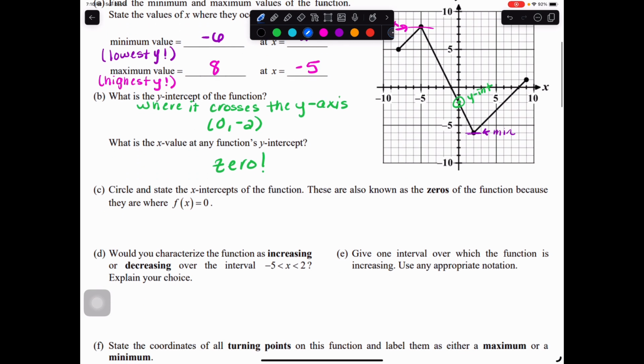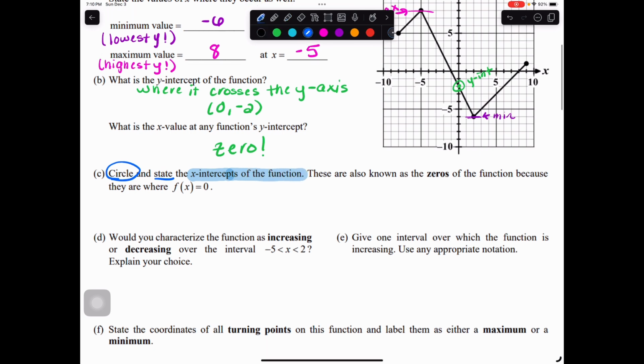Next, in part C, it says circle and state the x-intercepts of the function. So we are looking for the x-intercepts of the function. To take note of that, if we want the x-intercepts, we want where it crosses the x-axis.